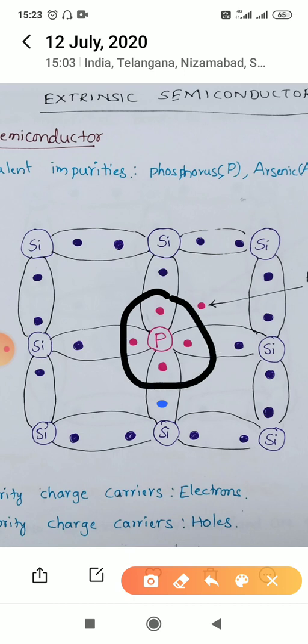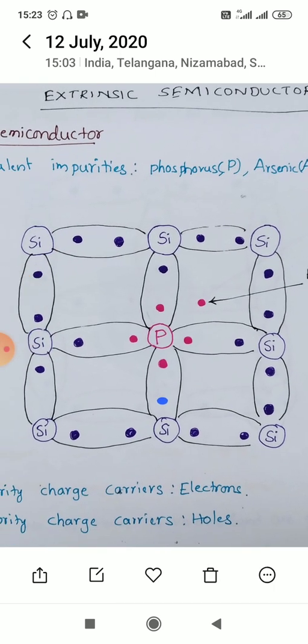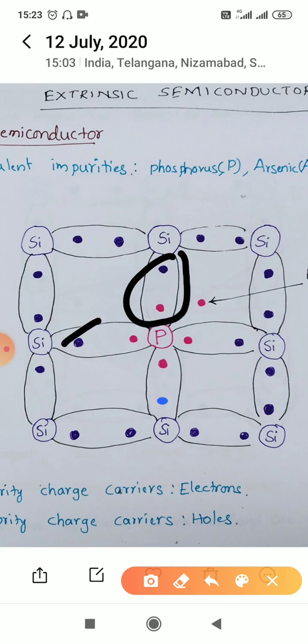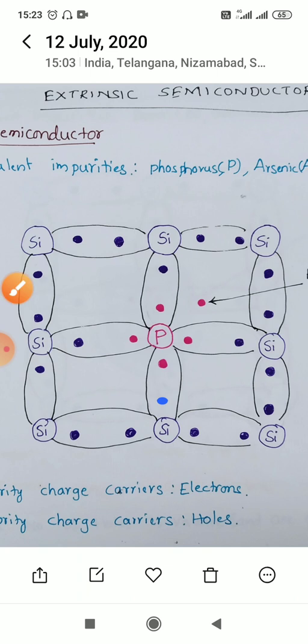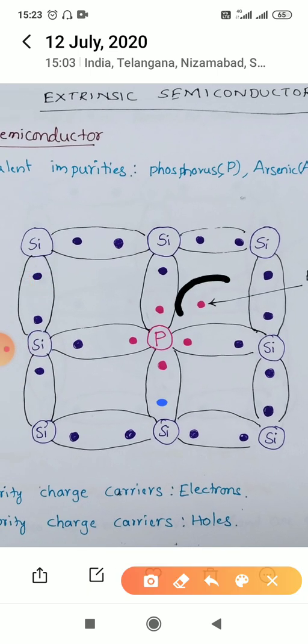4 valence electrons of phosphorus form bonds with 4 adjacent silicon atoms. 4 bonds are formed. But one electron of the phosphorus remains outside because there is no other electron to form a bond with it.